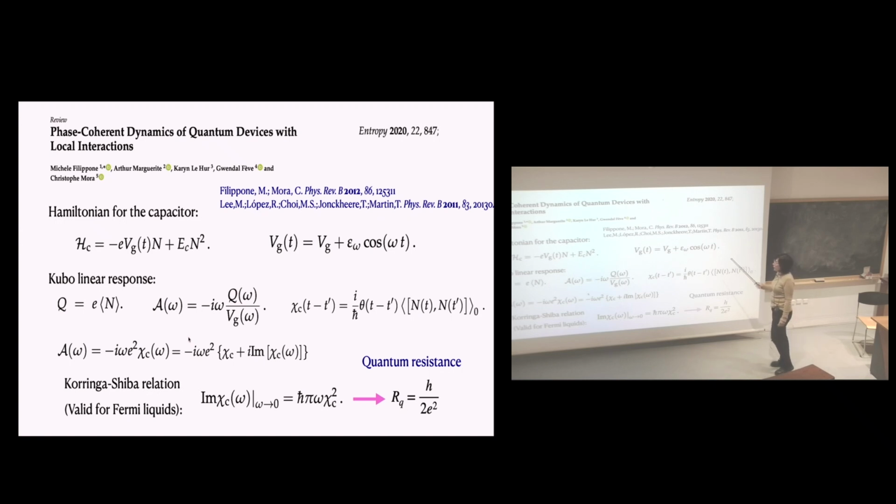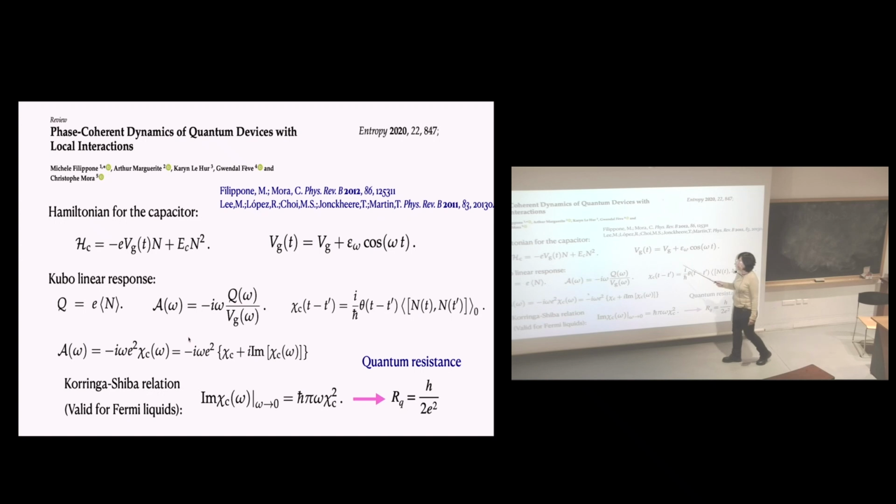And here you can see how we can get an expression for the admittance in terms of linear response, the usual Kubo theory. Let's start from this Hamiltonian for the electron system. This is the time-dependent voltage.